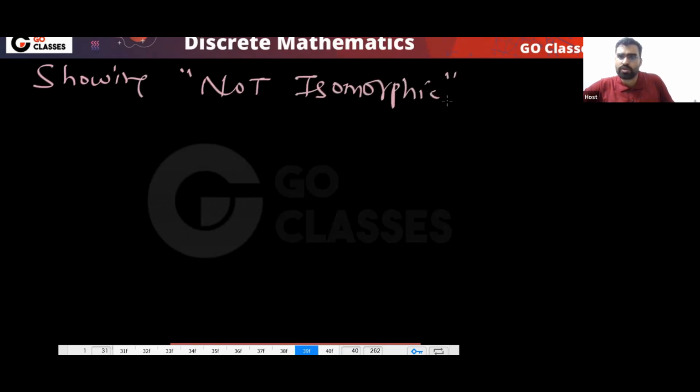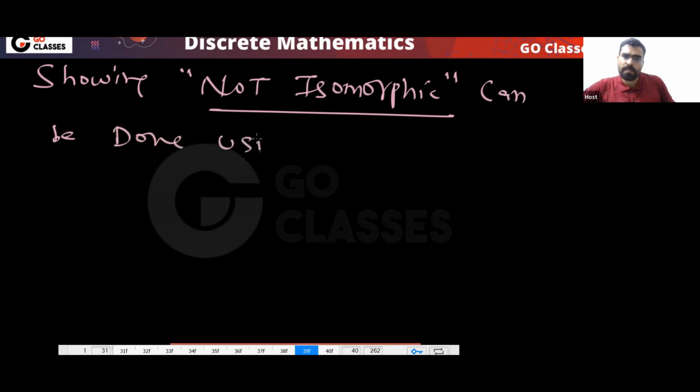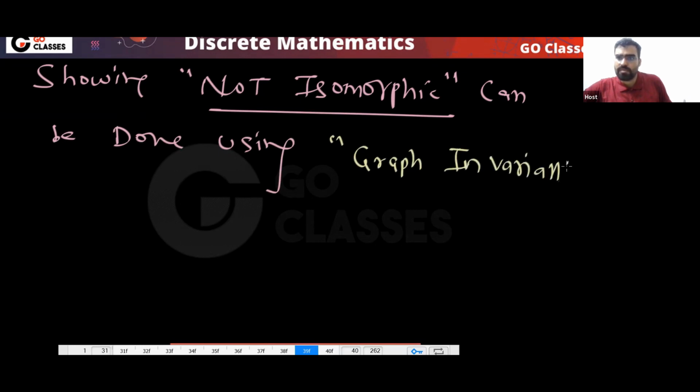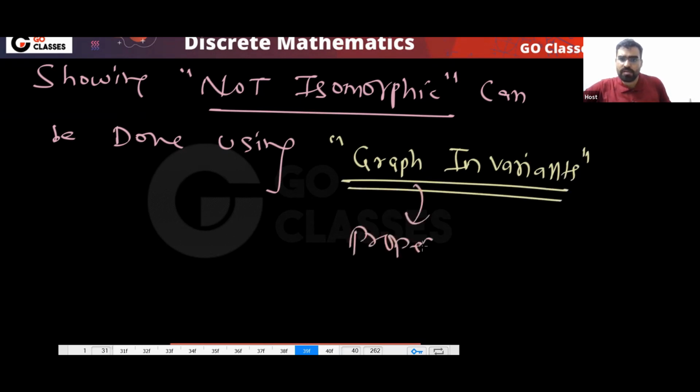That two graphs are not isomorphic can be done using something called graph invariants. What are graph invariants? These graph invariants are basically the properties of a graph which isomorphic graphs should have.